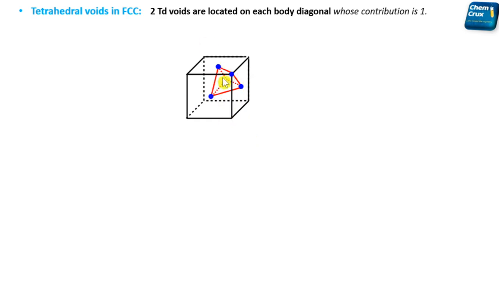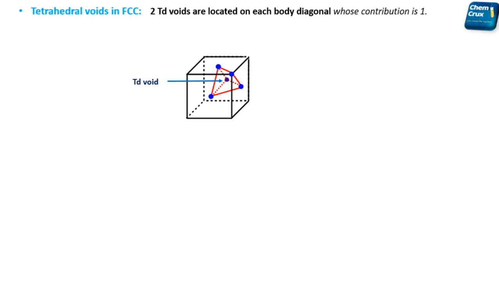Now we know that if 4 points are located at corners, a tetrahedral void will be formed like this. So this tetrahedral void is located on a body diagonal, and we know in each body diagonal there will be 2 tetrahedral voids. So at the other end of the body diagonal there will be another tetrahedral void, right?